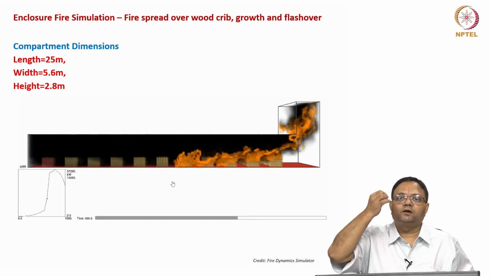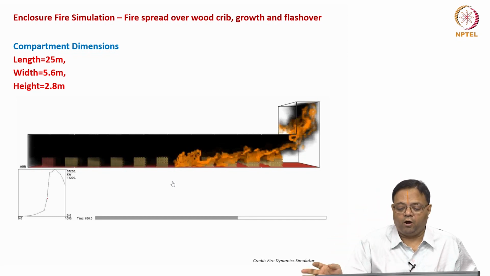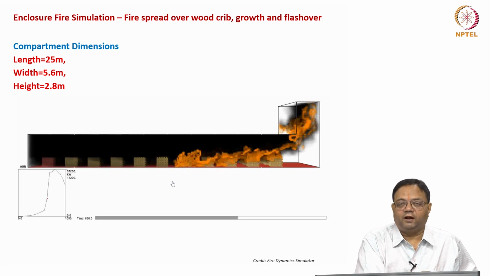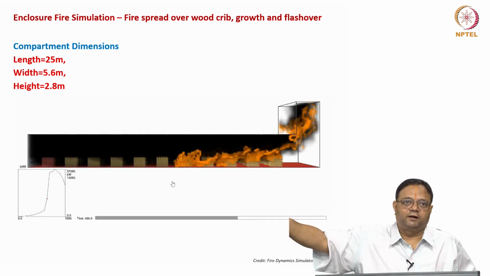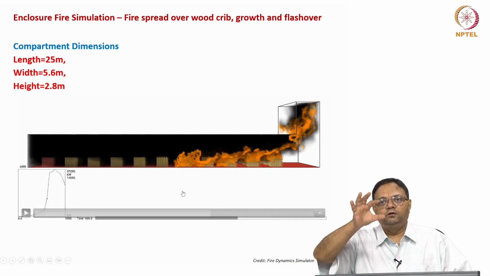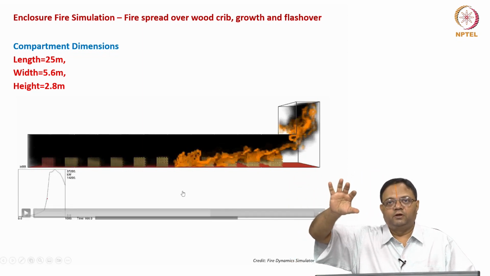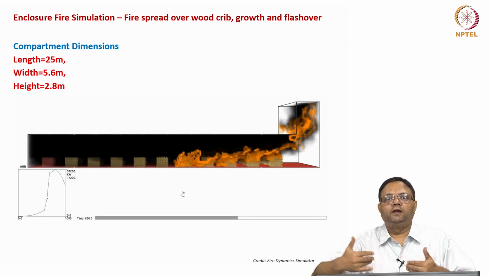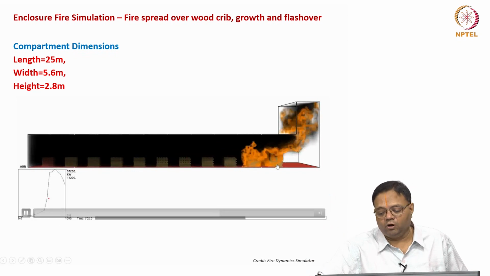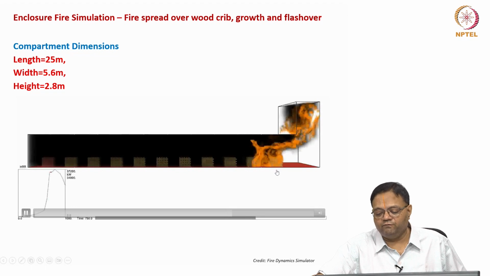So once the auto ignition temperature is reached, immediately all the cribs are burning at a faster rate, and it is not a flame spread over the consecutive or subsequent cribs. It is a simultaneous burning of all the cribs due to the ceiling jet which is actually heating up the cribs. So if you see it again, you can see that all the cribs are burnt at a very faster rate.